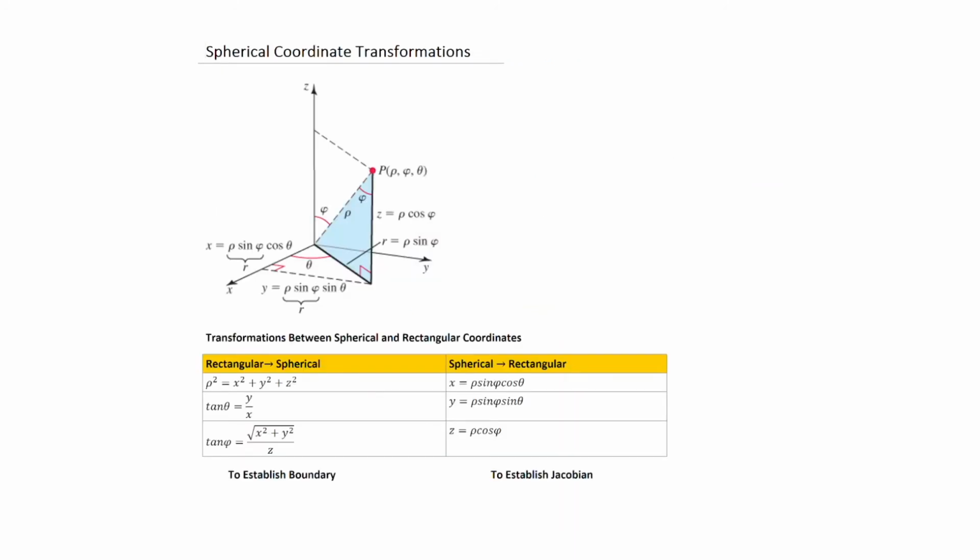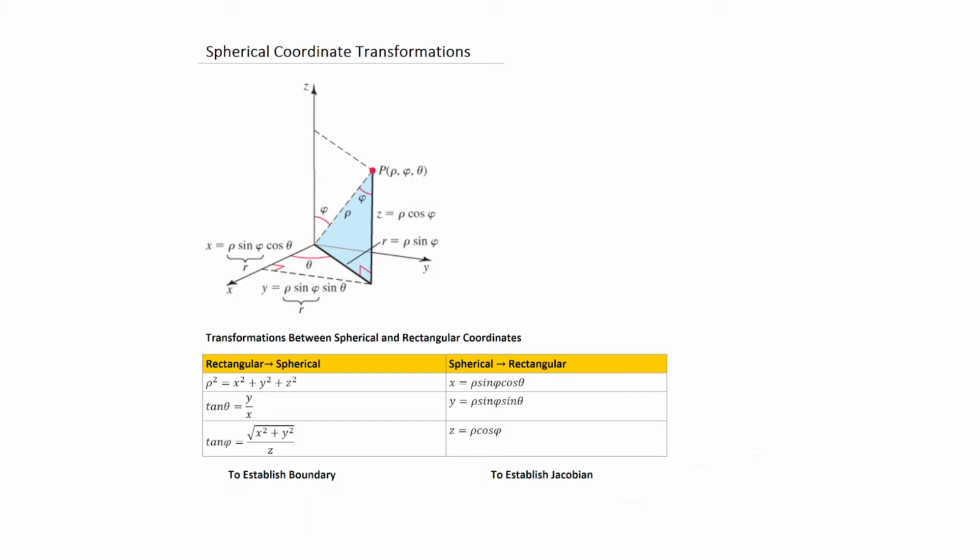All right, so now we look at the actual coordinate transformations. Remember that when we take transformations, we're interested in determining how x, y, and z are related to the new coordinates. We need that information because that allows us to establish the Jacobian. And the Jacobian will allow us to define what the differential volume looks like in spherical coordinates.